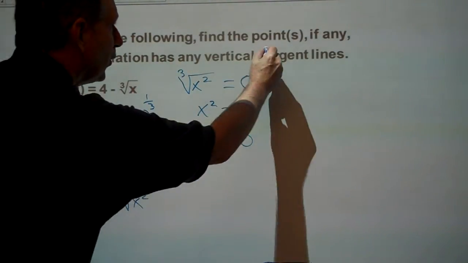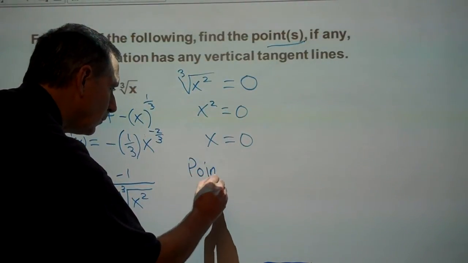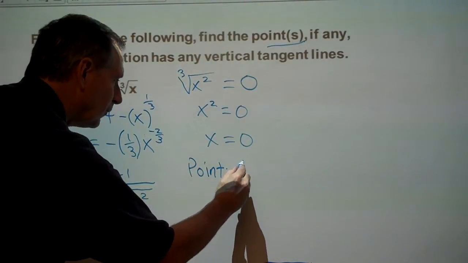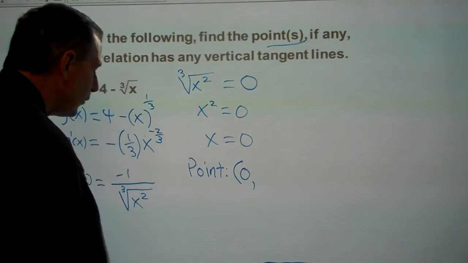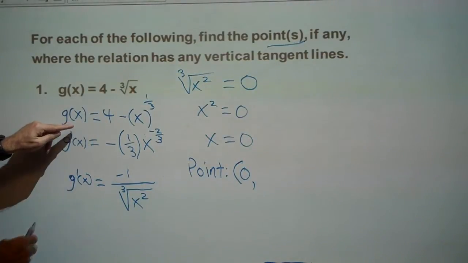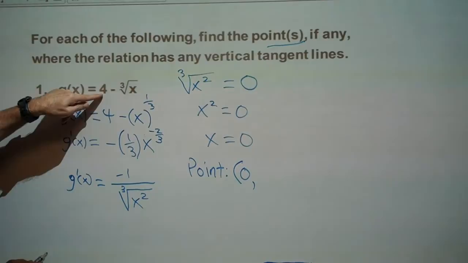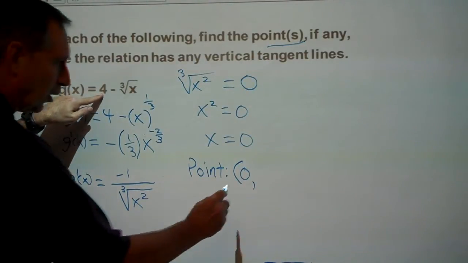And find the point. Well, to find the point, we have 0 is the x value of that point, and if we plug into the original function here, g of x is 4 minus cube root of x, we're going to just end up with 4.